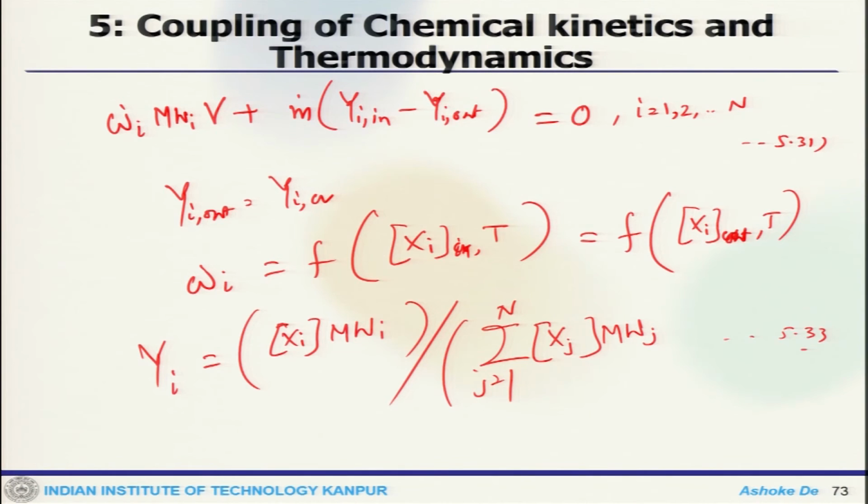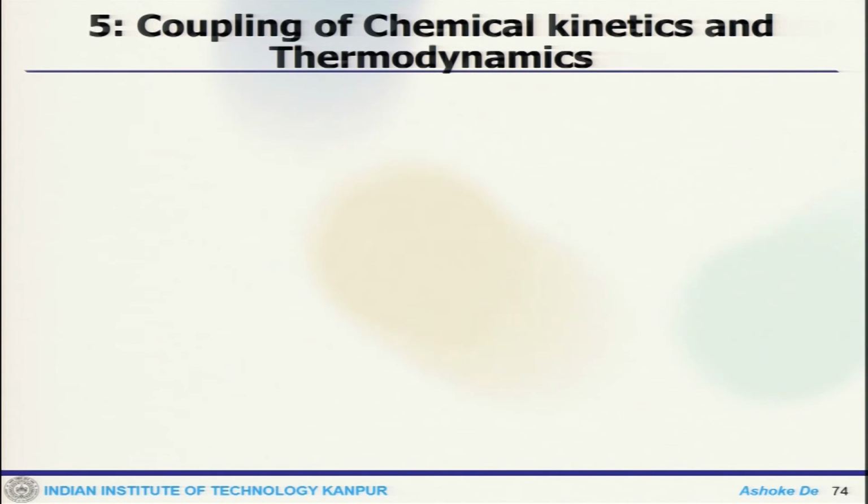Now, 5.31 here can be written for n number of species to provide n number of equations, because this equation is valid for 1 to n and there would be n plus 1 unknowns, assuming m dot and V are known. So, the additional equation comes from the energy balance.